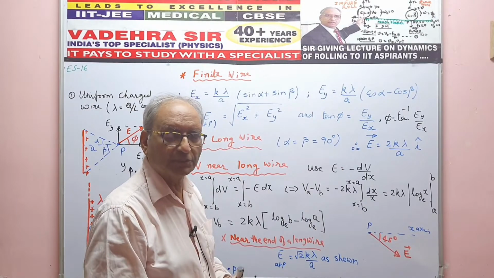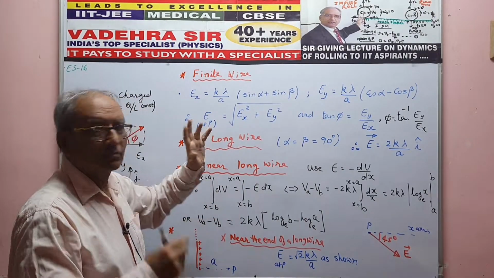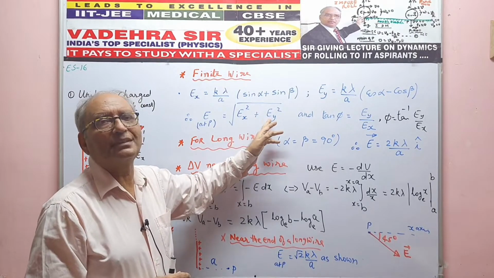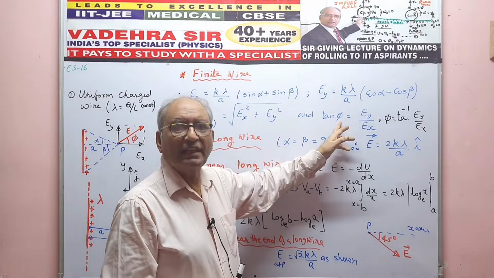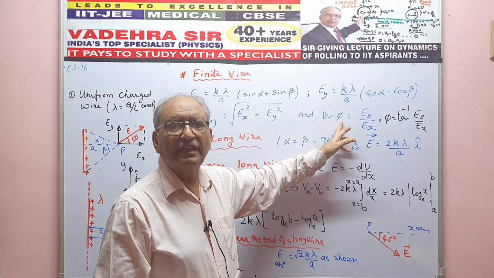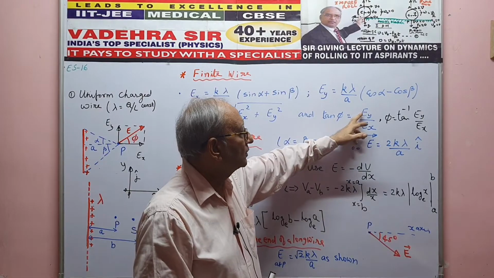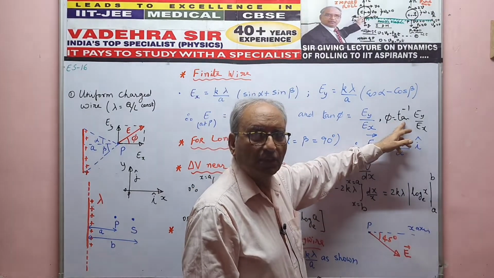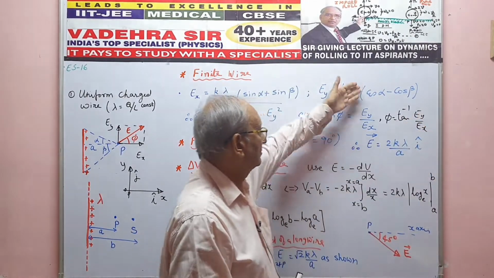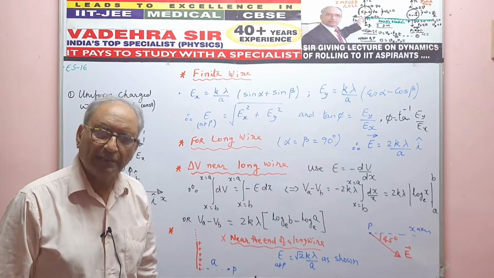The resultant field E at P has magnitude square root of Ex square plus Ey square, and tan phi, the angle that the resultant field makes with the x-axis, is Ey upon Ex. Therefore phi is equal to tan inverse of Ey by Ex. So this is for the finite wire.